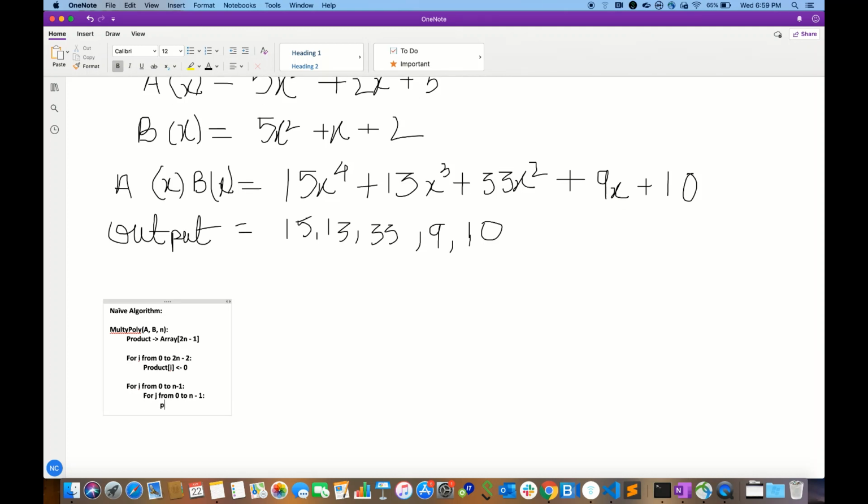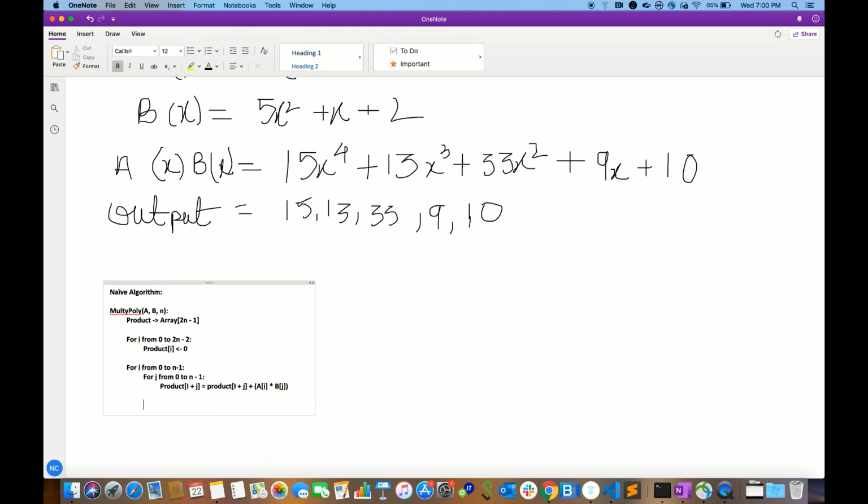And product I plus j equals product of I plus j plus the combination which we just formed, that will be the product of ai times bj. And so after that we will just return the product.